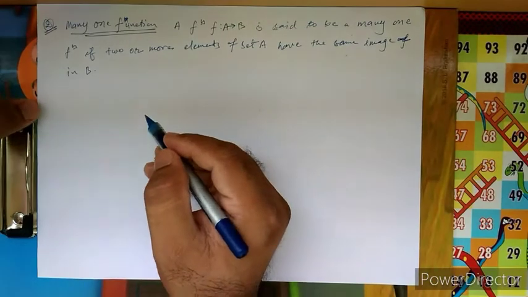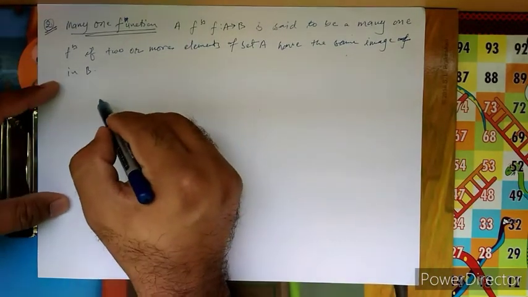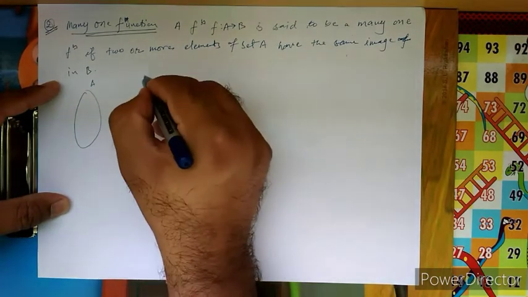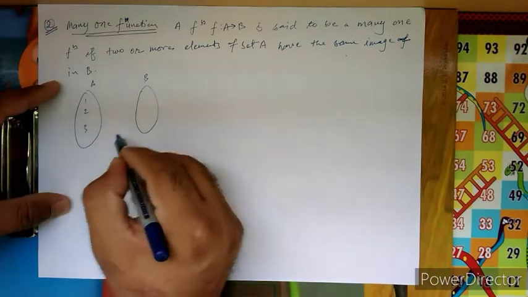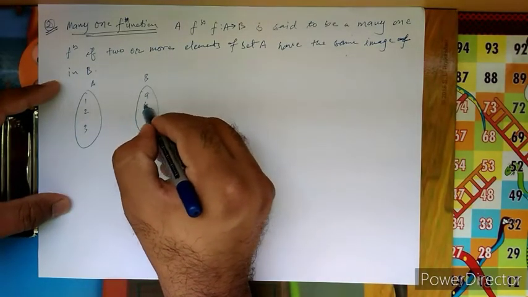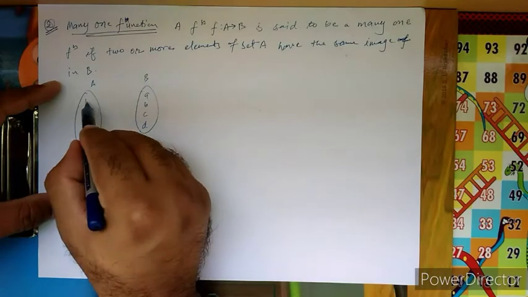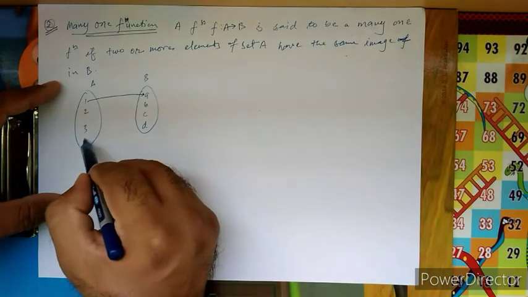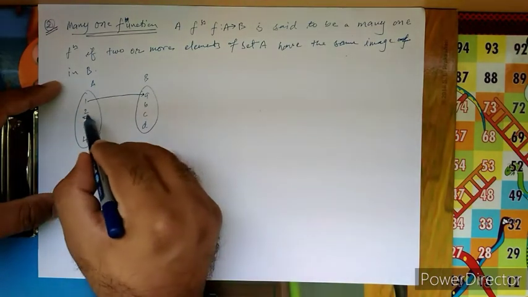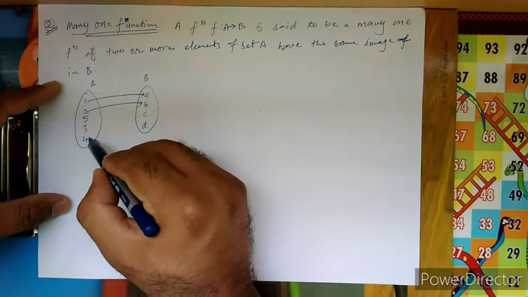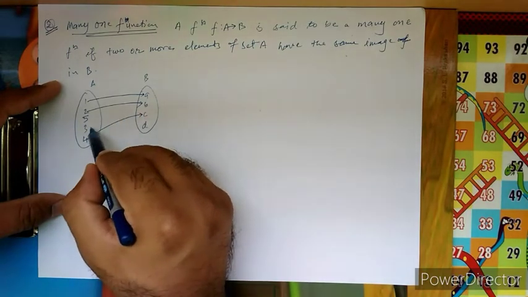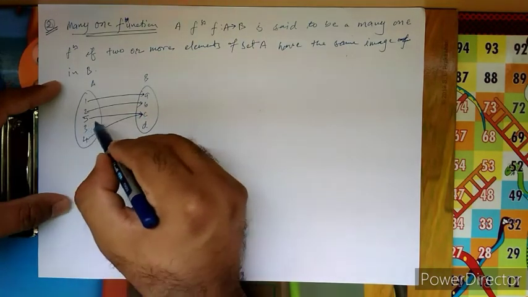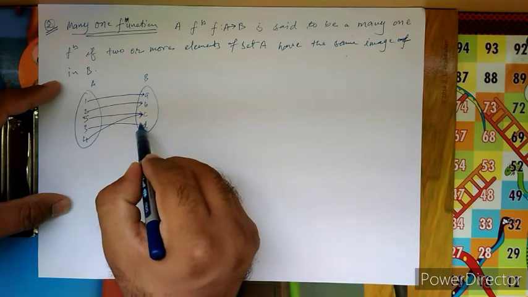Let us have one or two examples. This is A, this is B, this is 1, 2, 3, this is A, B, C, D. Here you are having A as image, so 2 over here, 4 as this one, then 5 also this one, 3 you are getting here.